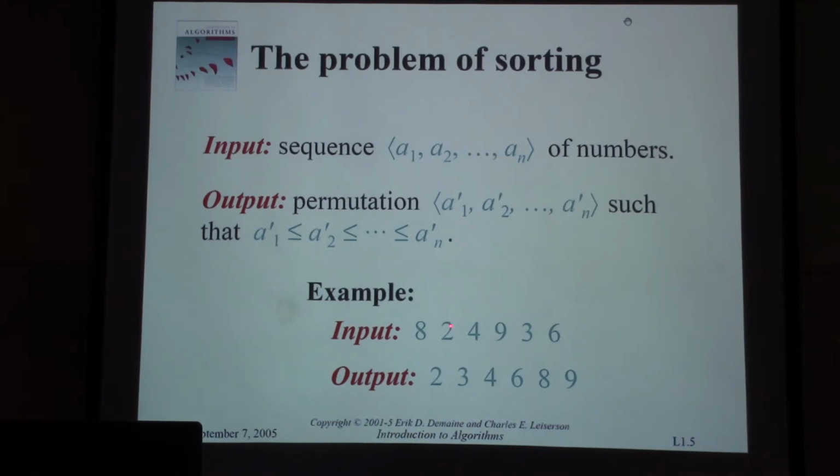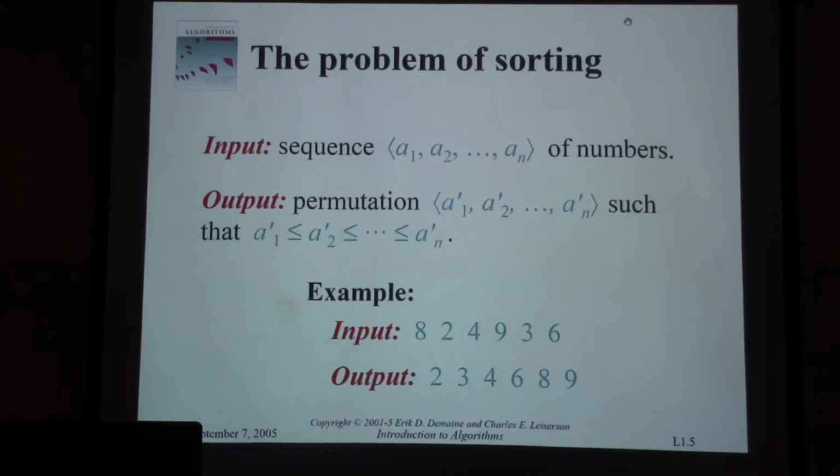So we can say that 2 has an inversion with 8. 4 has an inversion with 8. 9 has an inversion with 3 and 6. 3 has an inversion with 8, 4, and 9.